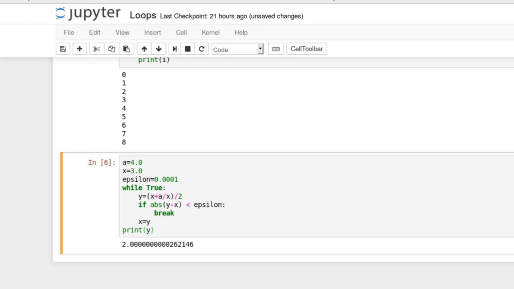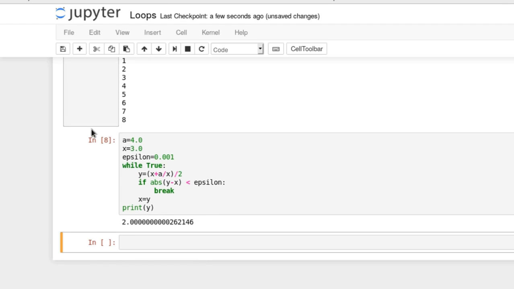If you run this, you will be getting the value of y as 2.0000 some value. If you decrease the value of epsilon, you will be getting a better estimate. If you increase it, you won't be getting that much of a better estimate.